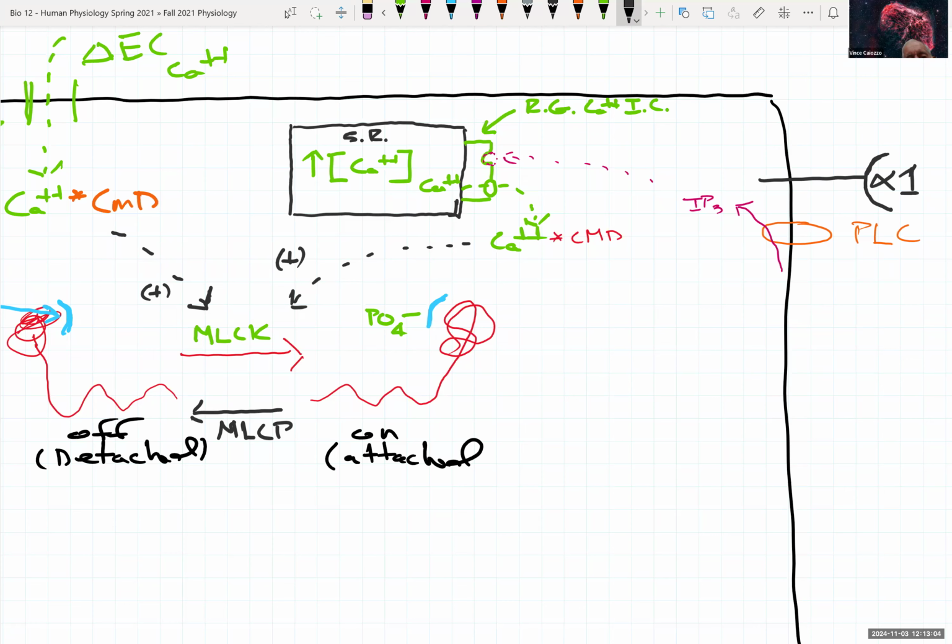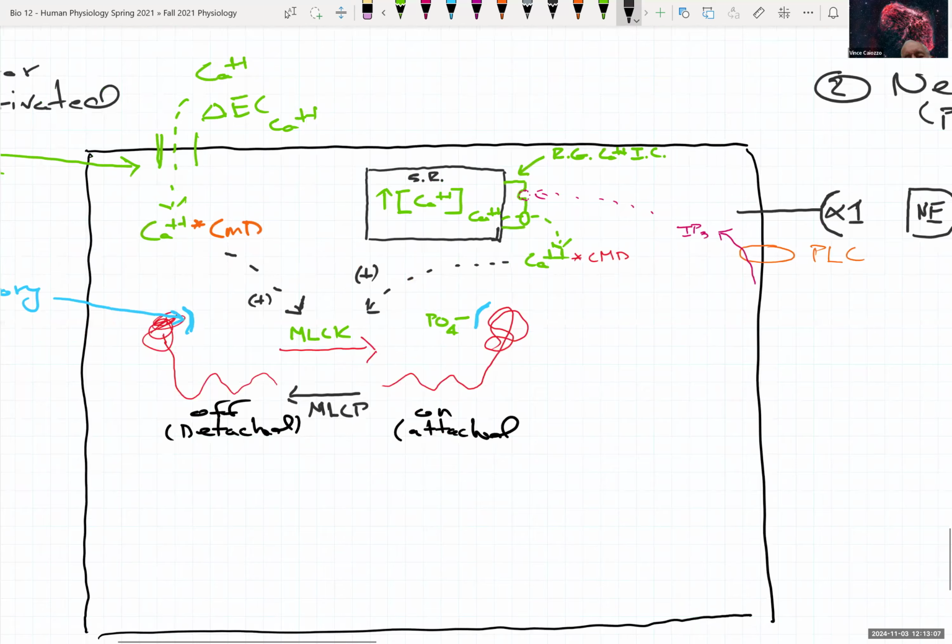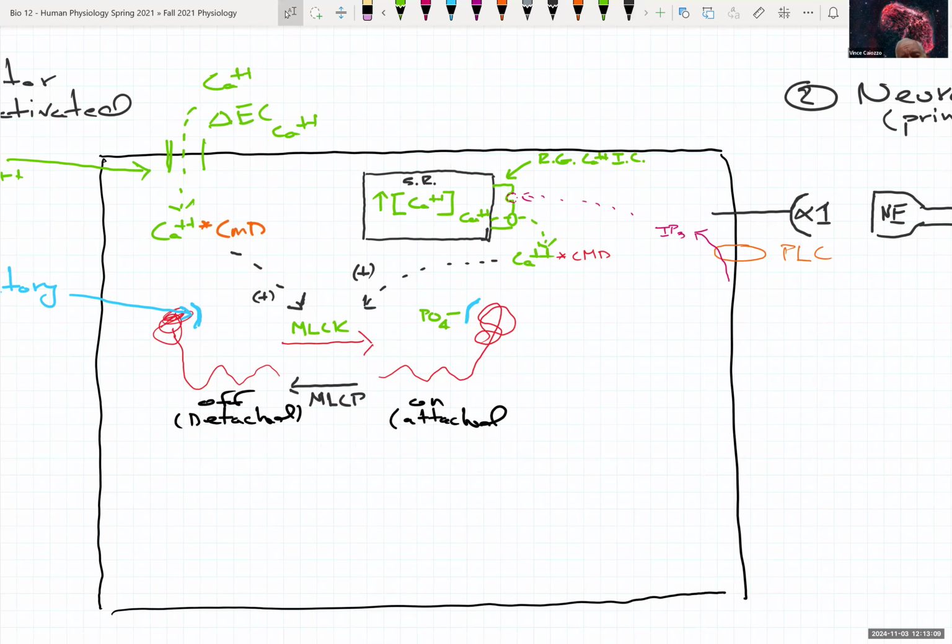That's pretty cool because that ties together a lot of the stuff that you've learned in studying the sympathetic and the parasympathetic branches of the autonomic nervous system.